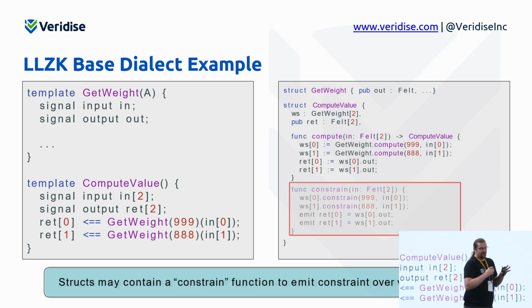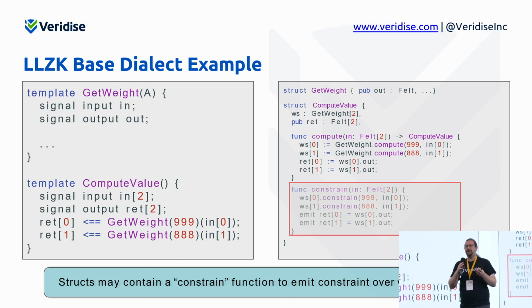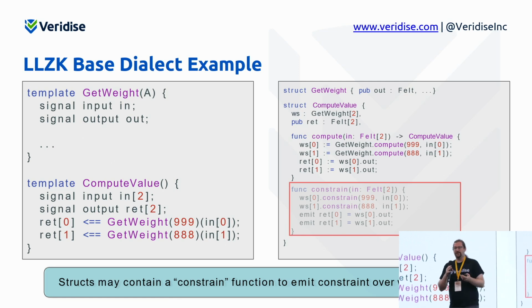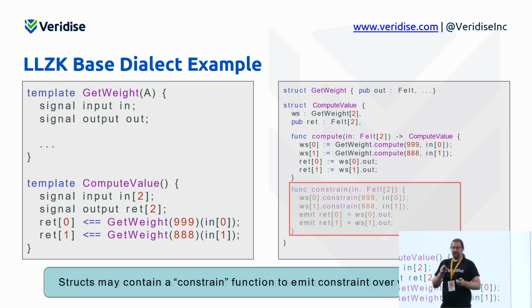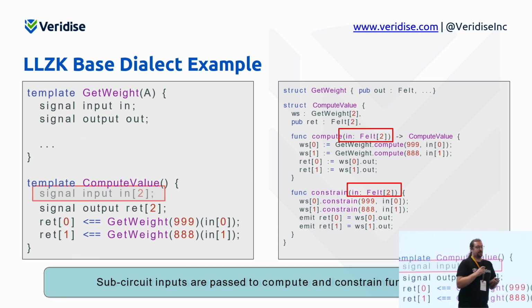Then finally, the constraint part, which is going to emit the actual constraints that are included in the circuit itself. So fairly self-explanatory. And finally, the last thing we have are the inputs.